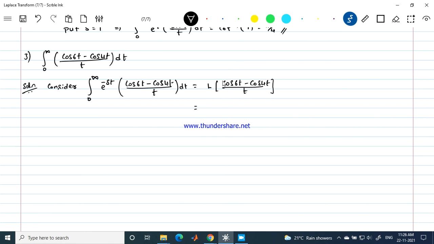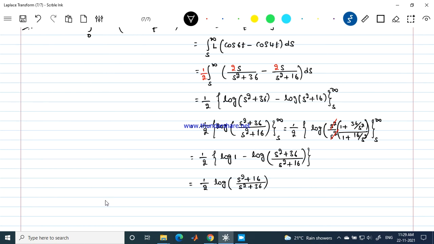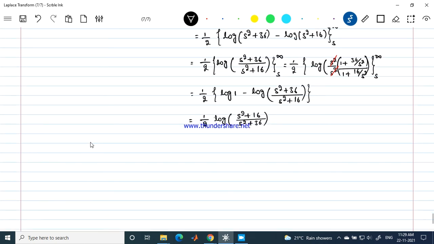We know how to find the Laplace of this one. So we have integration 0 to infinity e power minus st cos 6t minus cos 4t divided by t dt is equal to half times log of s square plus 16 divided by s square plus 36.